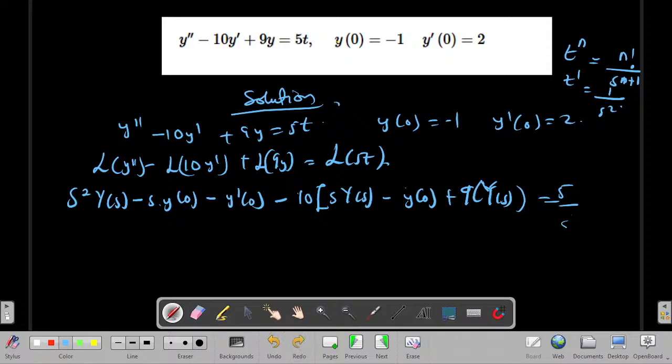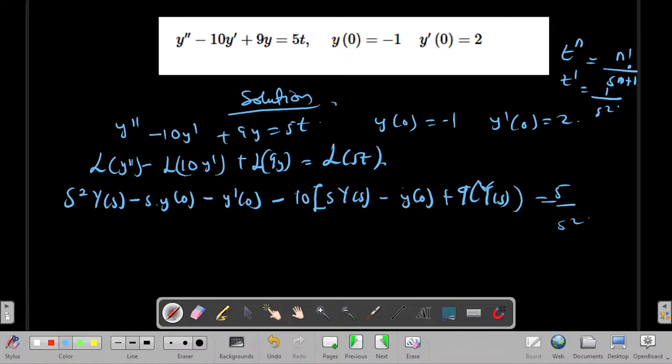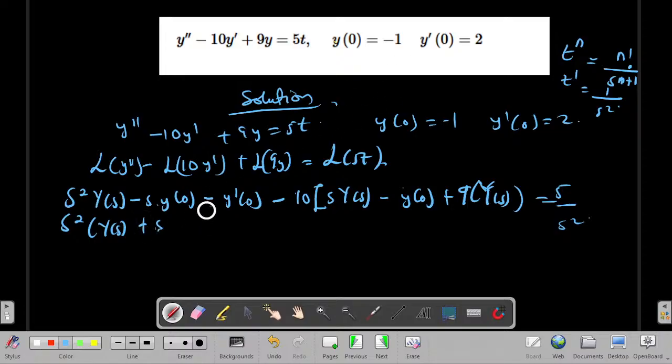Yes, so let's make the necessary substitution here before we proceed. You remember that y of 0 is given as negative 1, and y prime of 0 is given as 2. So s squared Y of s minus s times y of 0. Since y of 0 is negative 1, this becomes positive s.